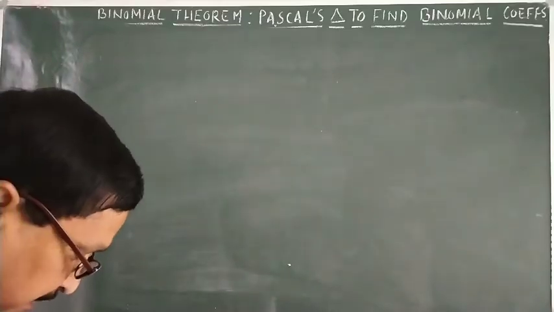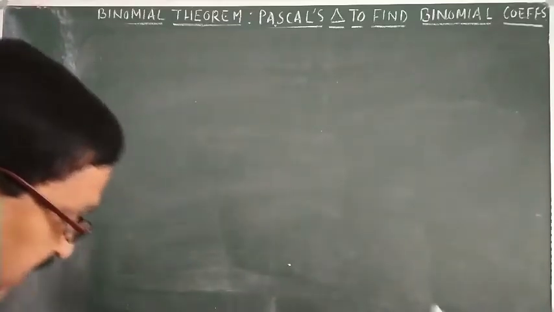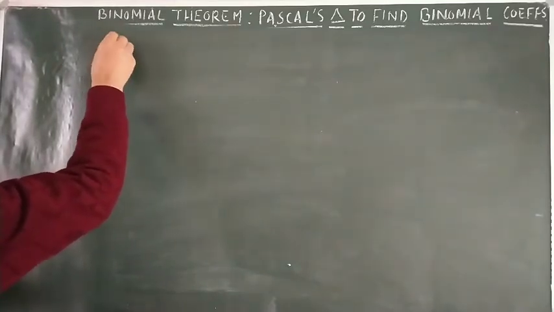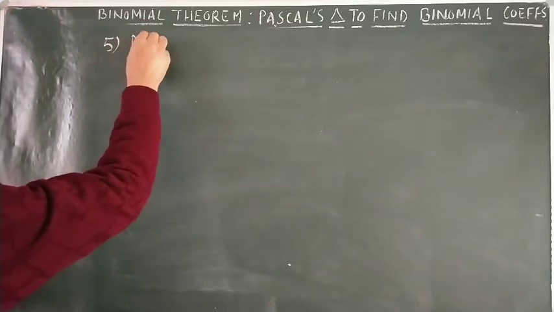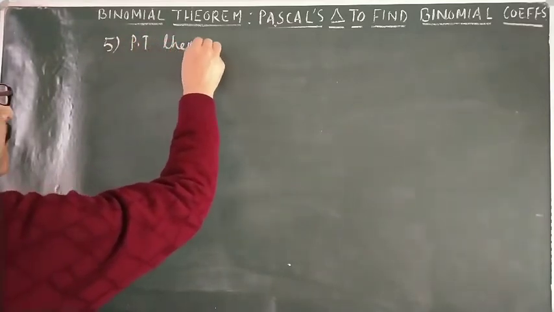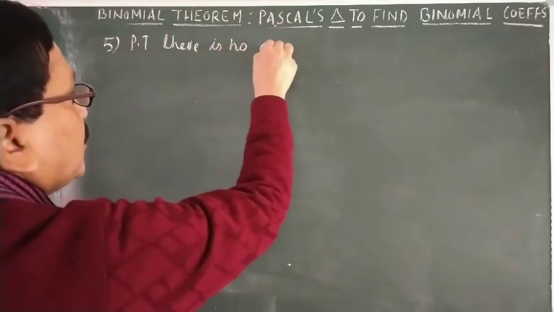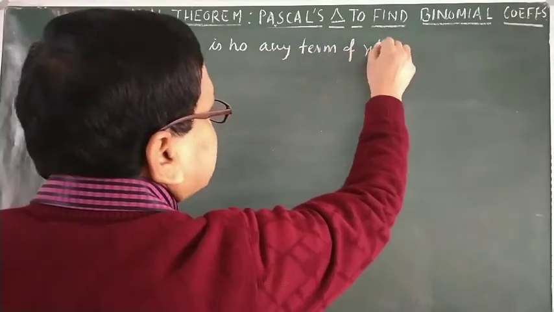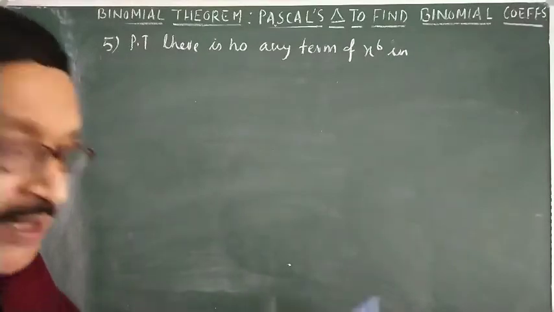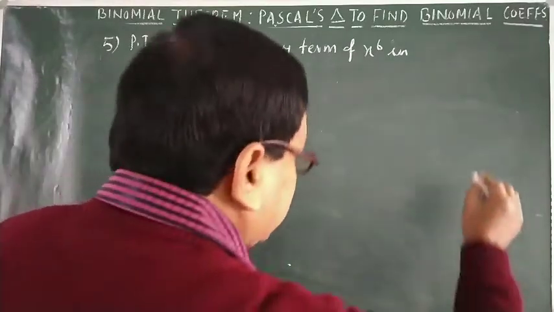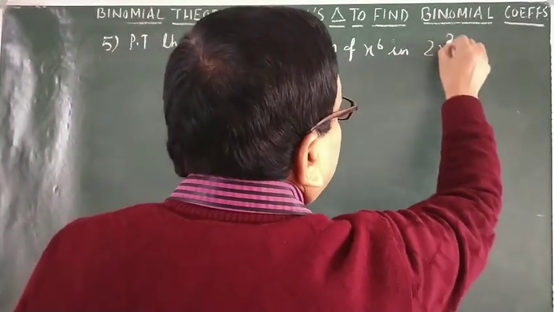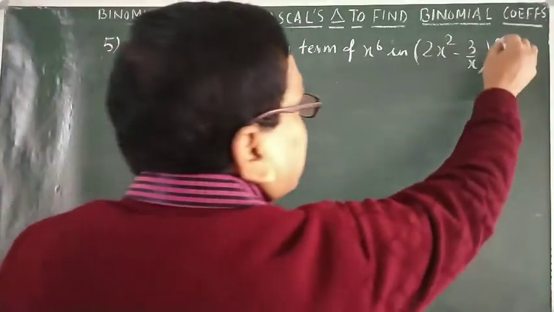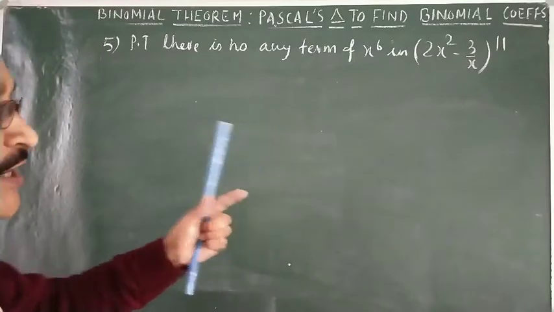Now one more problem. Prove that there is no term of x^6 in (2x squared minus 3 by x) to the power 11. There will be no x^6 term in this.